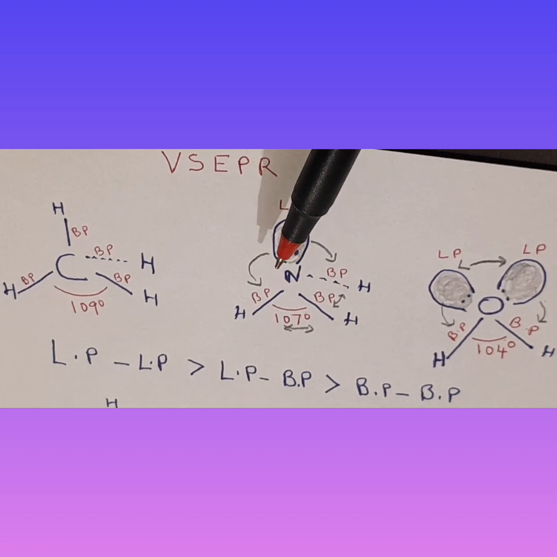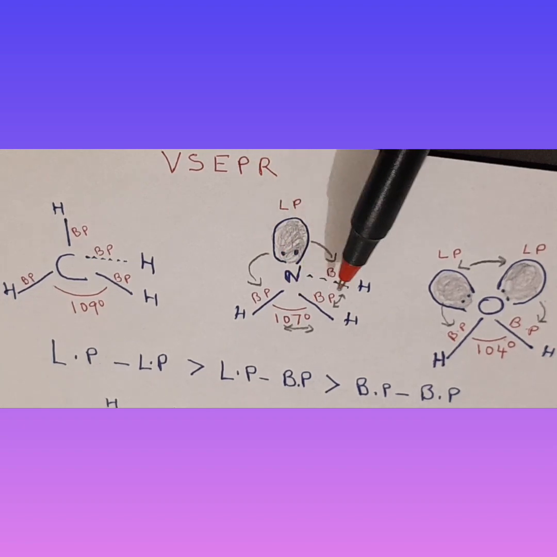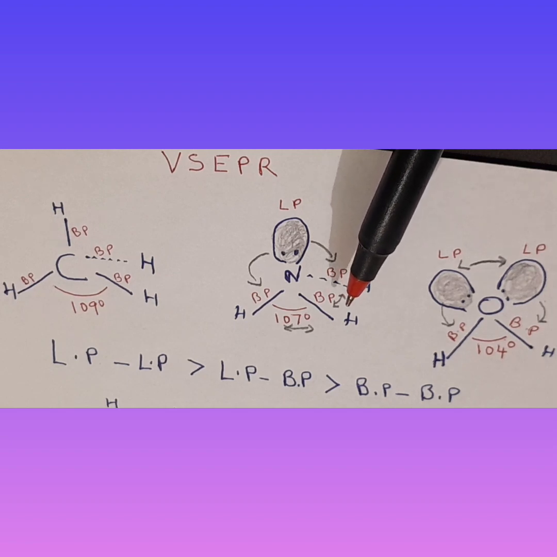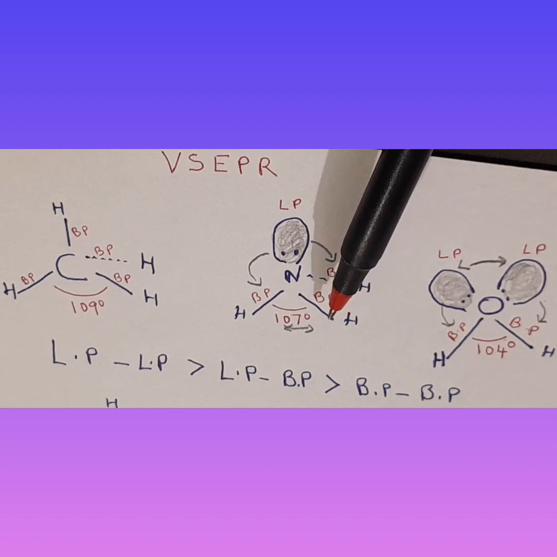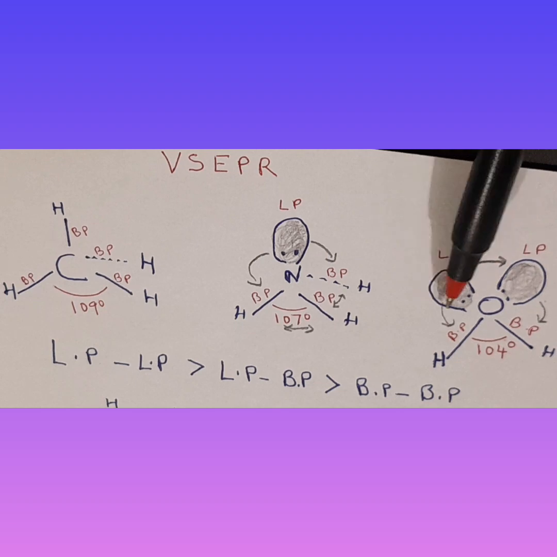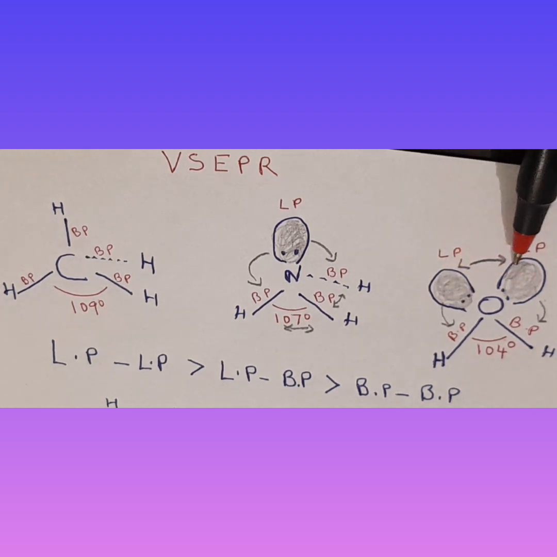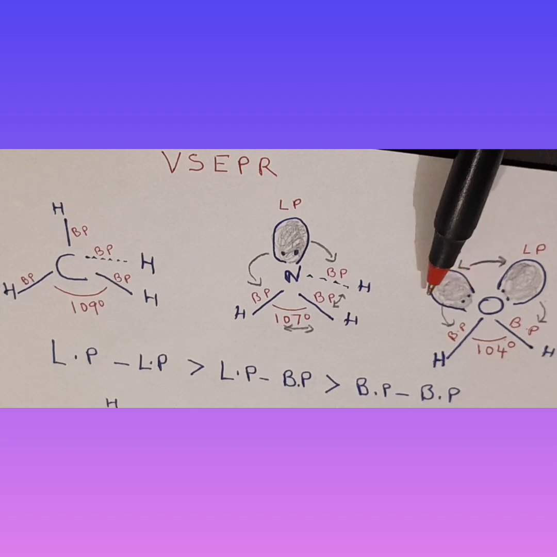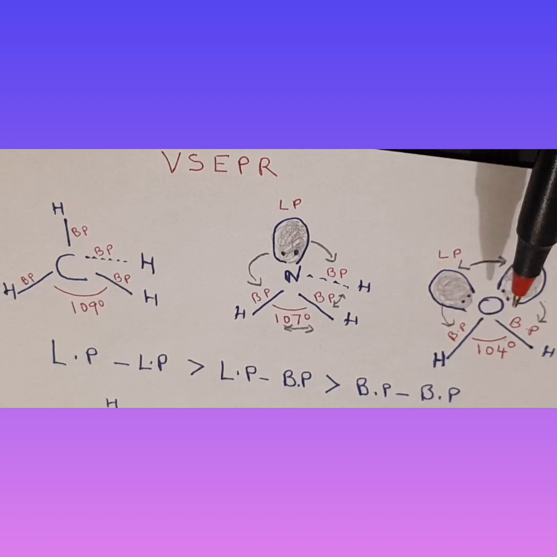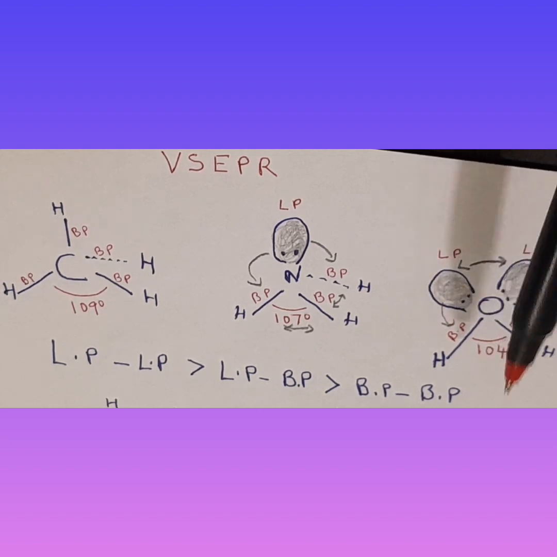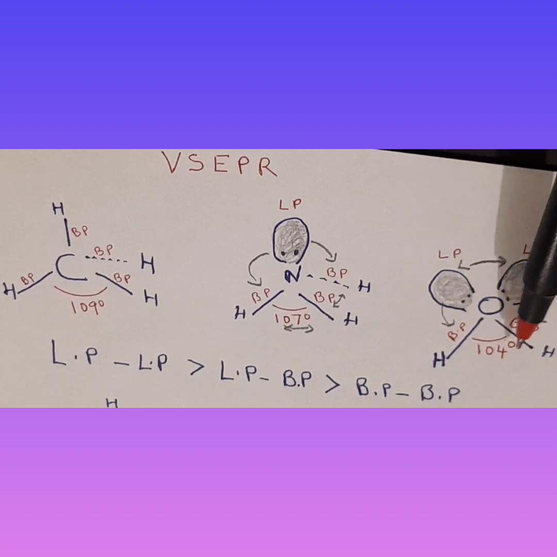So the bond angle, instead of being 109, moves down to 107 degrees. Now coming to water, we have 2 lone pairs. So there is lone pair repulsion, which is very strong. And then there is lone pair, bond pair repulsion, and there is also bond pair repulsion.